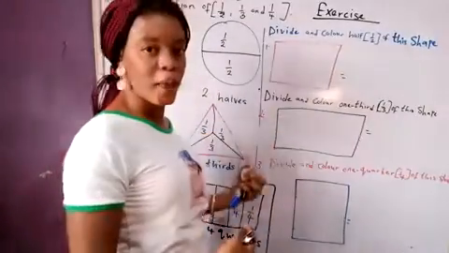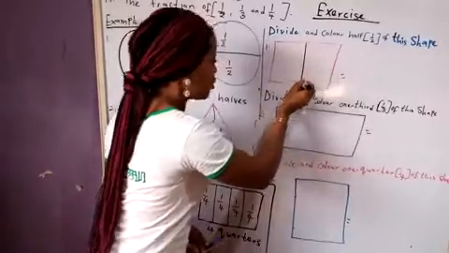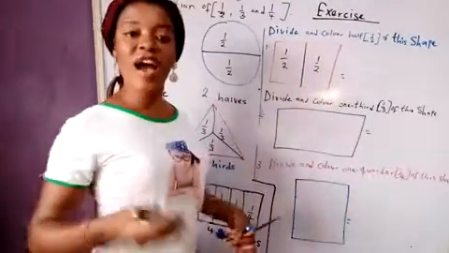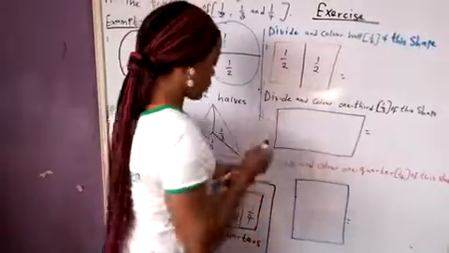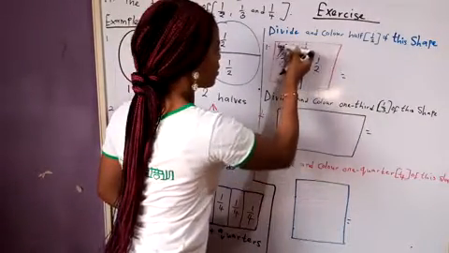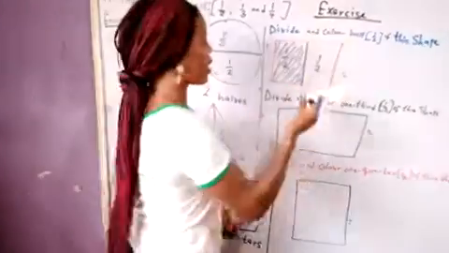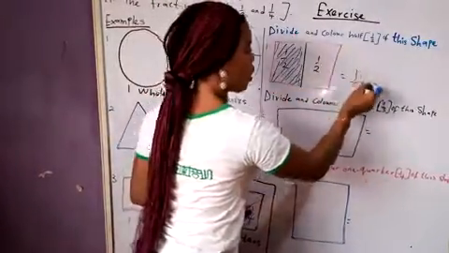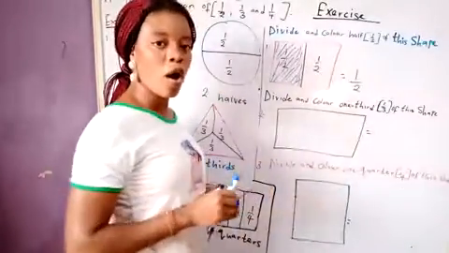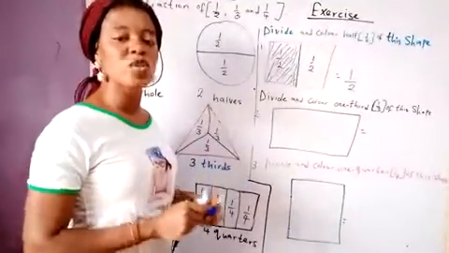This is 1 over 2. This is the 1 half. Do you understand?